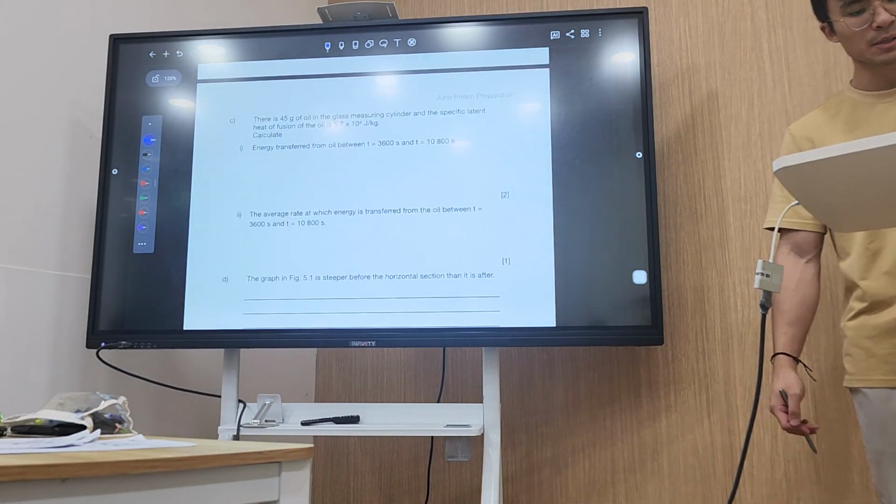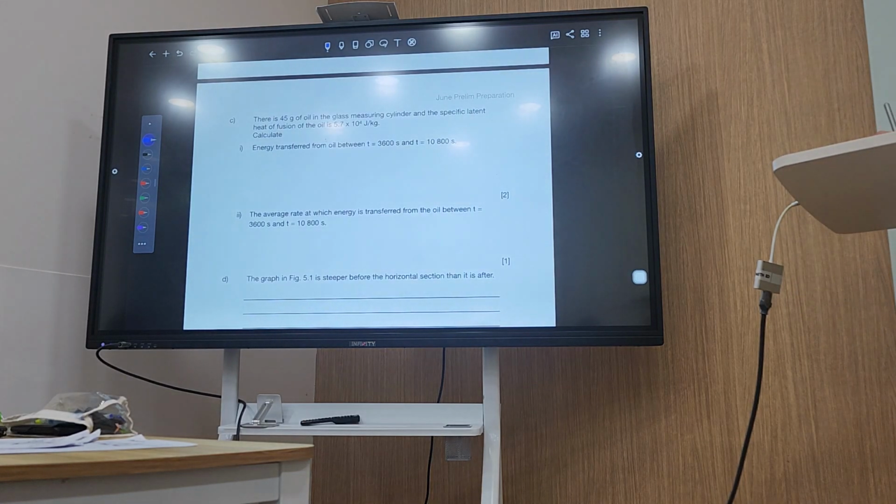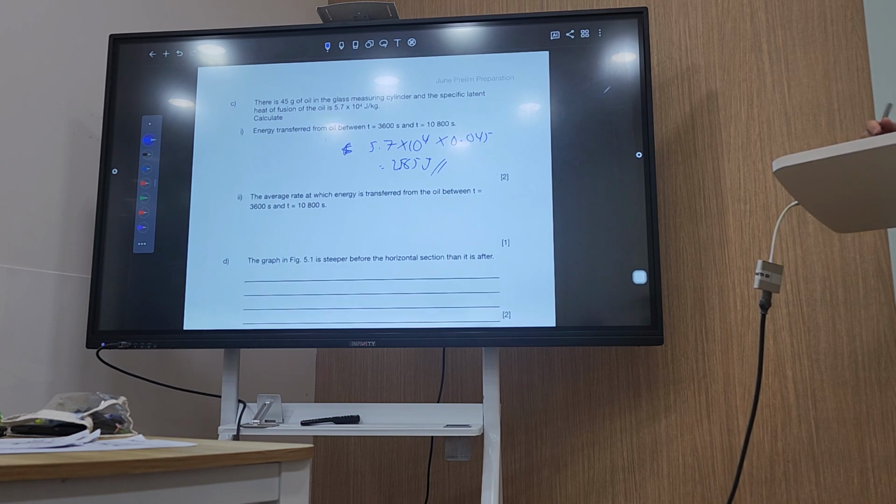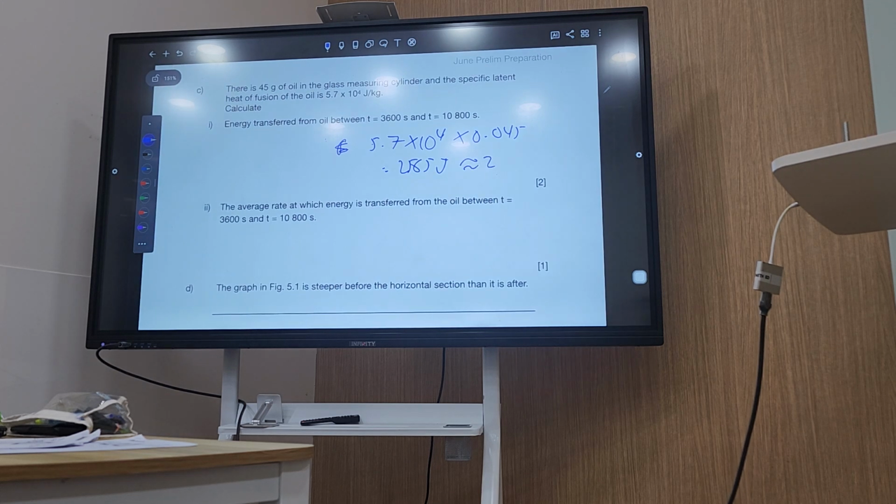Okay, 45 grams of oil. So your energy transferred is 5.7 times 10 to the power 4 times 0.045, which is 2565 joules, or 2570 joules.